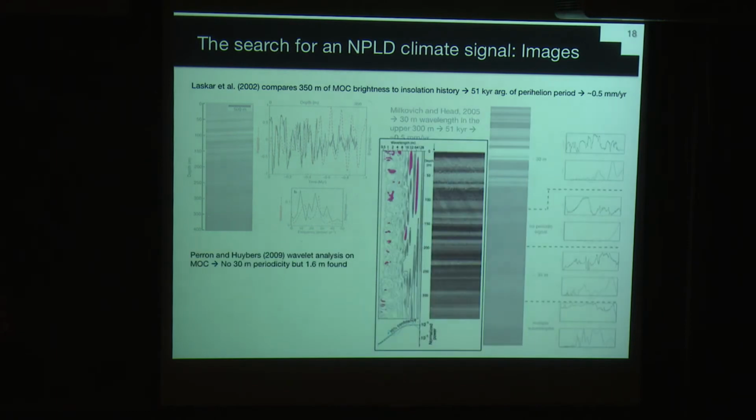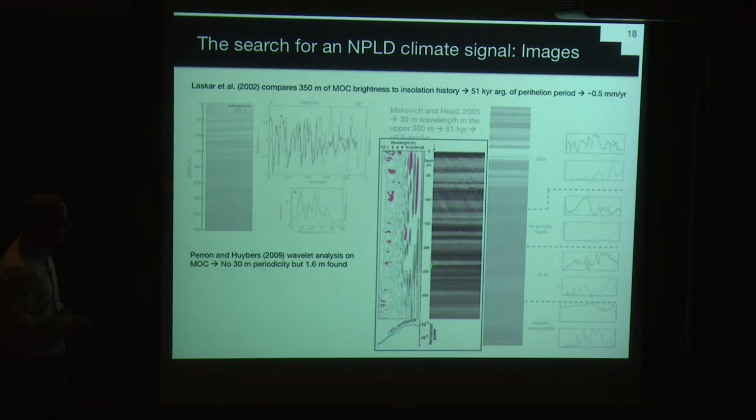However, in 2009, Taylor Perron and Peter Huybers did a wavelet analysis study on these MOC images, and they actually didn't find this 30-meter periodicity, at least not to any statistical significance. But they did find a short wavelength periodicity at 1.6 meters.